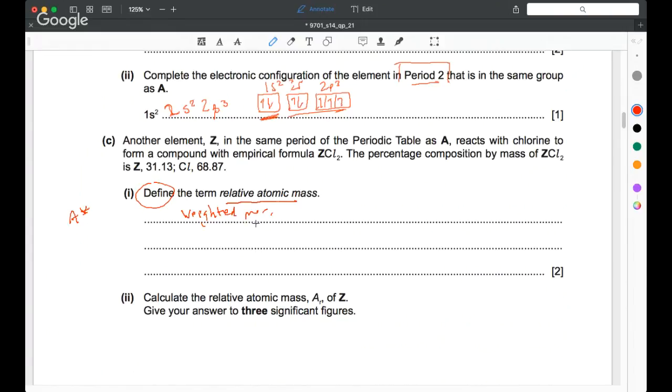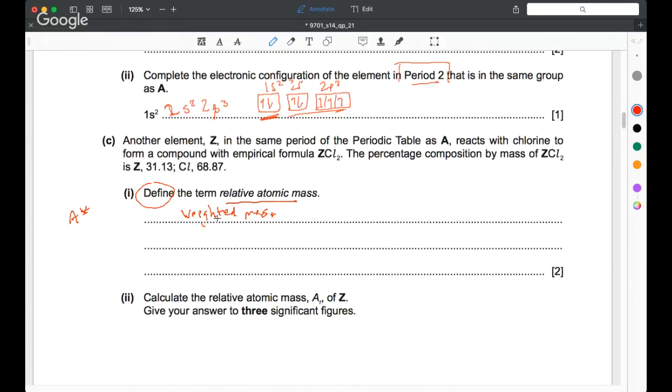And what that means is that for each element there might be a number of different isotopes. For example, for chlorine, there's chlorine-37 and chlorine-35 isotopes, and the weighted mean is the use of the percentage abundance for each of those different isotopes.